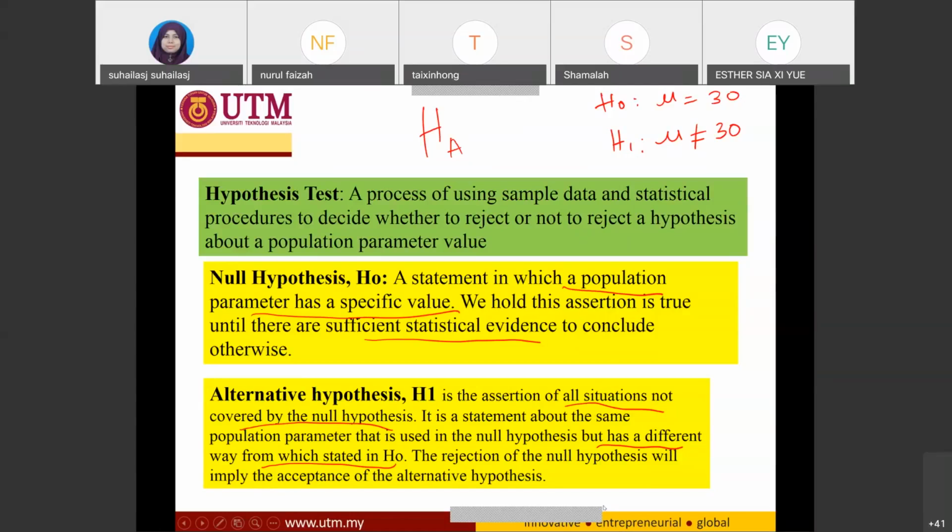So if we reject our null hypothesis, we will accept our alternative. The rejection of the null hypothesis implies the acceptance of the alternative hypothesis. Normally, we will reject the null hypothesis when we do not have sufficient statistical evidence to support it.